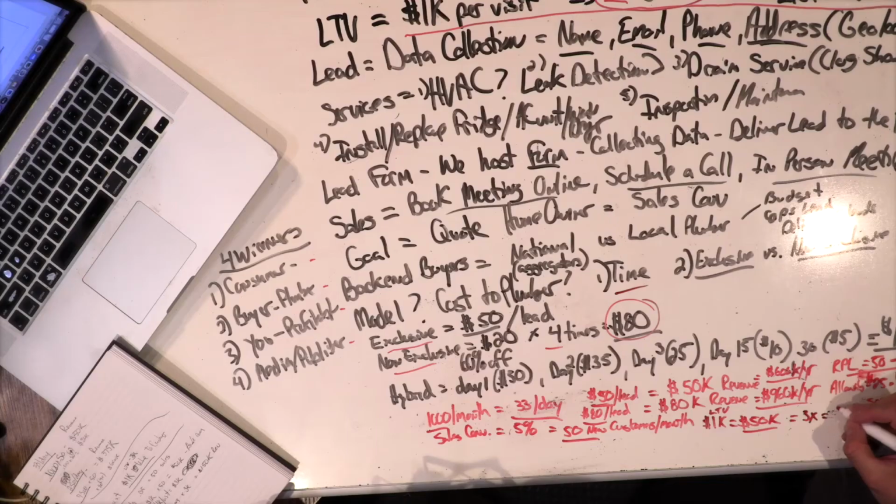It could be a month, 6 months, a year, I don't know. That's important because of the cash flow for the plumbers. But at the end of the day, 3 times will equal $150,000. So, boom, the plumber is making $150,000 off the $50,000 they spent for these leads.